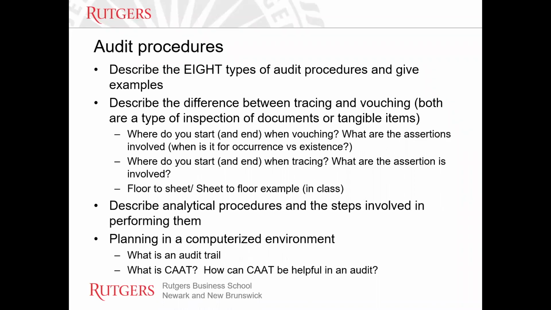When we talked about recalculation, if I tried to recalculate something using my brain and my fingers, it wouldn't be as efficient as if I did it with Excel or some other technology or even a calculator. So they assist the auditor with efficiency. They can be helpful with recalculation. They can also be helpful with statistically selecting samples for confirmations. They can very much be helpful when doing analytical procedures. But overall, it helps the auditor with efficiency.